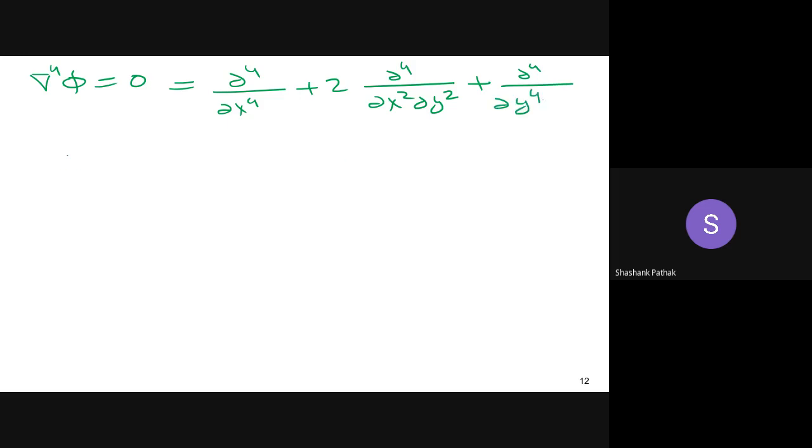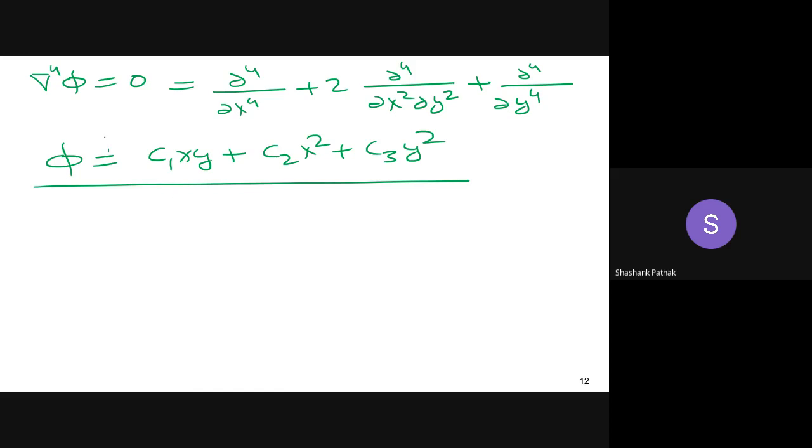Now phi in this case is c1 xy plus c2 x square plus c3 y square. Let us check whether this kind of functional form is satisfying this equation or not. To calculate grad 4 of phi, because you are putting this operator here on phi, let us calculate the first term one by one.